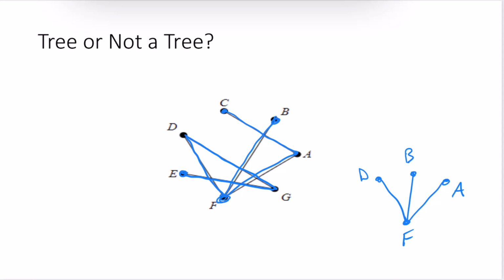And then vertex D is adjacent to vertex G, which is adjacent to vertex E, and A is adjacent to C. And so you can see, if I rearranged where the vertices were located, the graph would kind of look like a tree, which again is why they call it a tree.